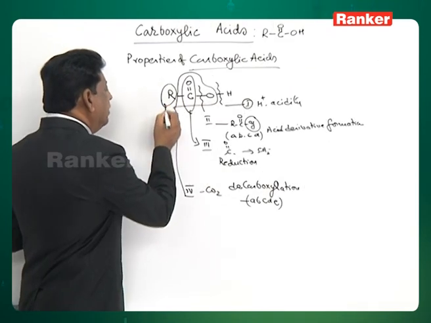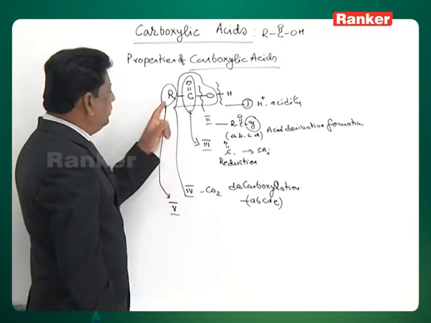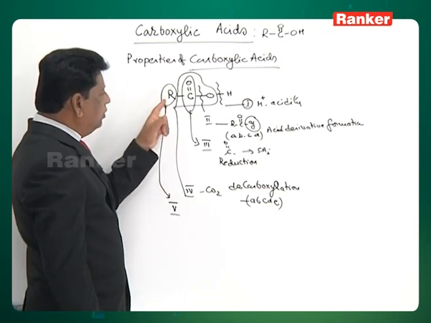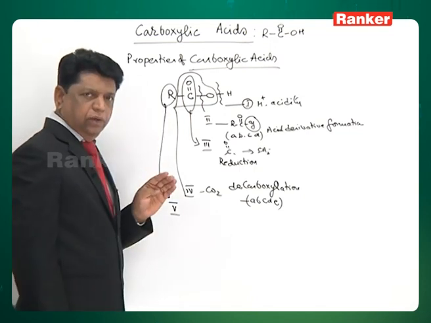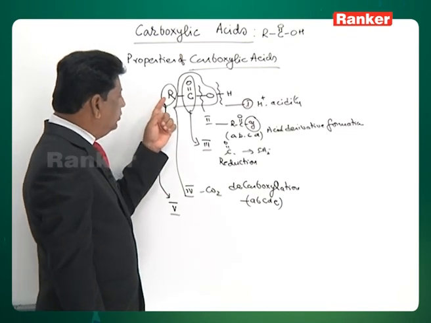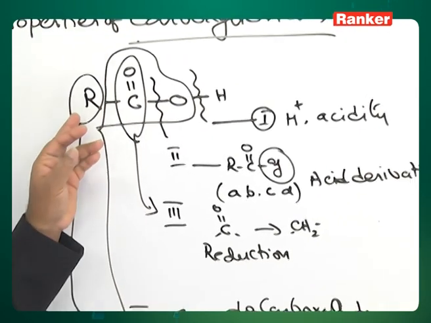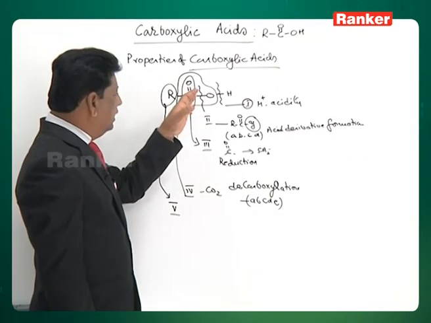Lastly, we have the fifth property, that is the alkyl group influenced by the COOH. It is not a purely alkyl group showing only alkane properties, but the alkyl group shows some specific behavior because of the influence of the COOH.